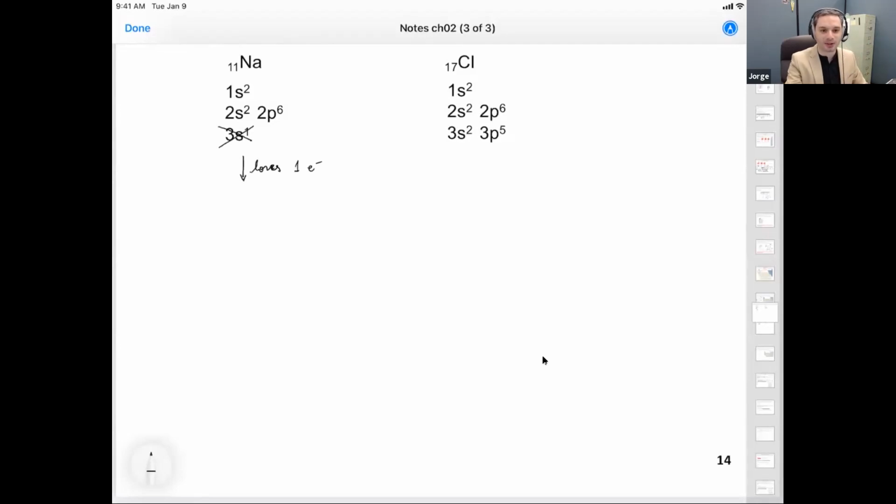The fact that sodium lost 1 electron, now it became sodium plus. Okay? Every time you have an element with a positive charge, this element is going to be labeled cation.